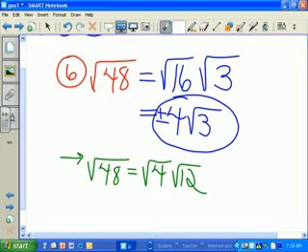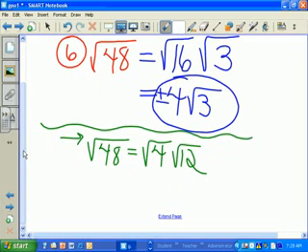This is how to recover in case you don't pick the largest perfect square factor initially. What is the square root of 4? That's on our list as a perfect square, 2. Now square root of 12. Does it have any perfect square factors? Yes, it does. So that's how we know we didn't go far enough in the first place.